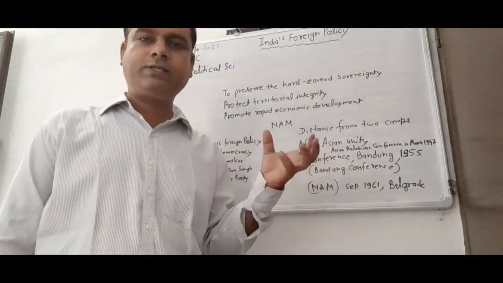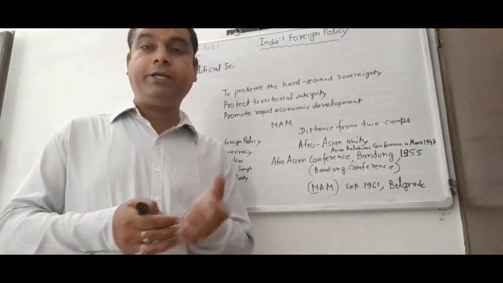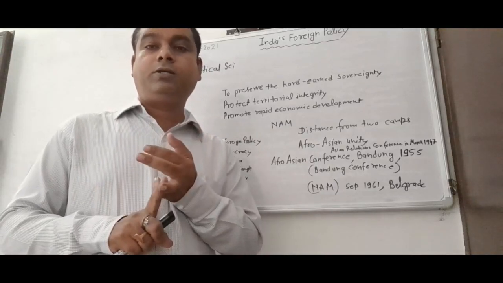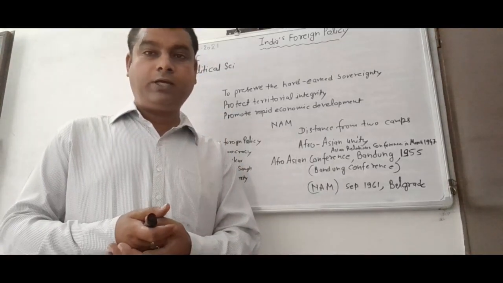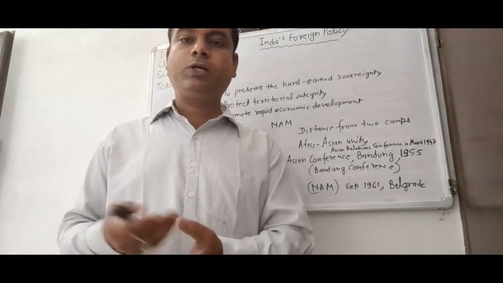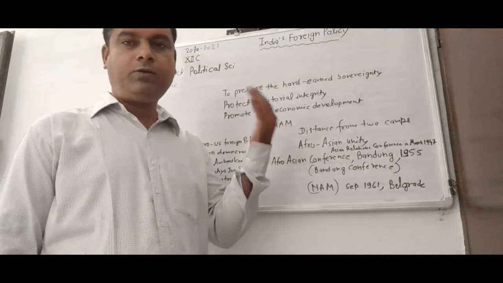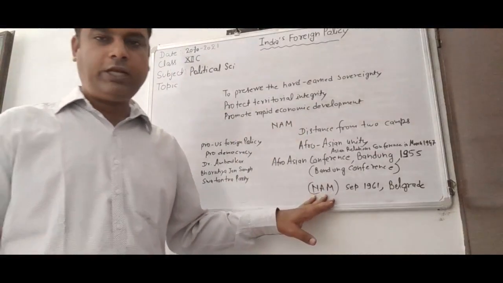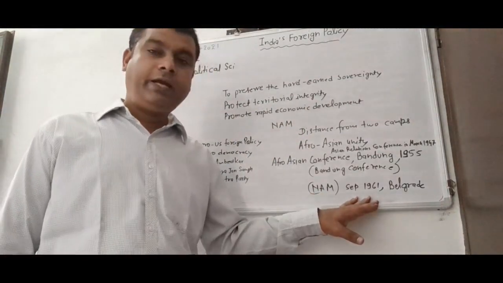In this conference, the major political leaders of Asia and Africa, like Pandit Jawaharlal Nehru from India, Josip Broz Tito from Yugoslavia, Nasser from Egypt, and Sukarno of Indonesia, came together and wanted to make an organization, and ultimately the non-alignment movement was framed in September 1961 at Belgrade.